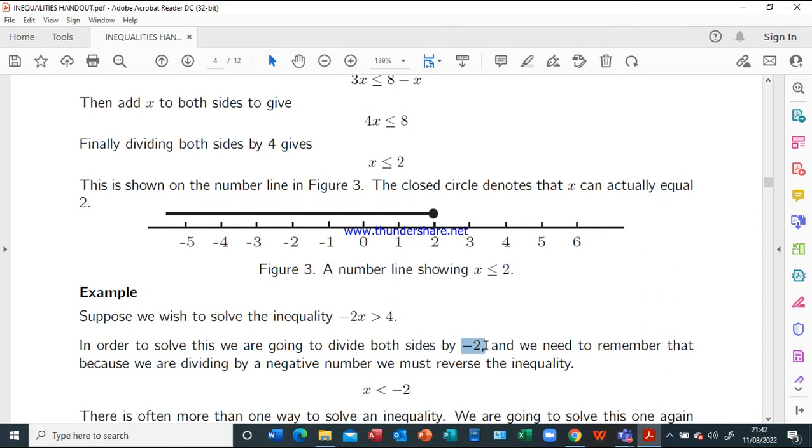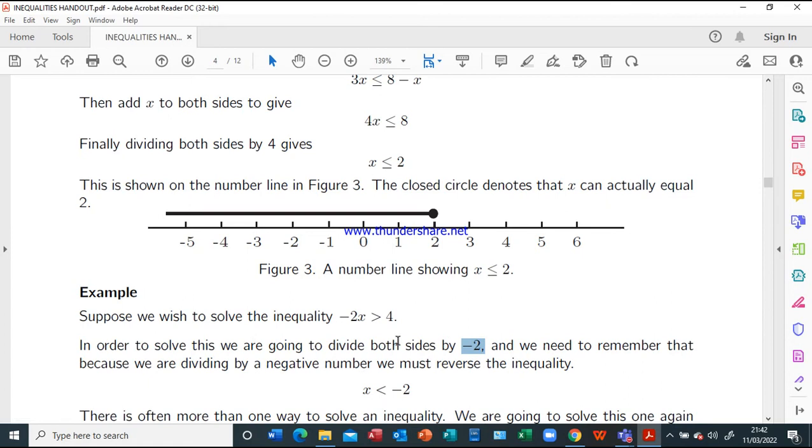Dividing by a negative number or multiplying by a negative number changes the inequality sign. From greater than, it changes to less than. That is important. The reason is that you have changed the number to a negative, so the sign has to reverse, because it will not be true if you leave it the way it is.